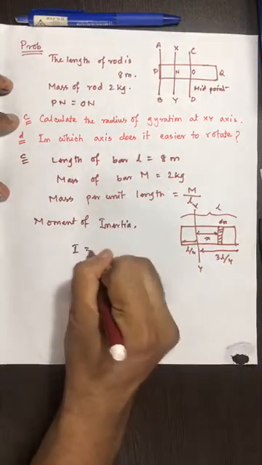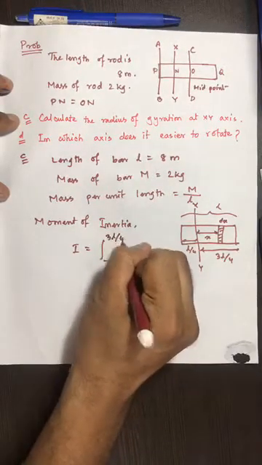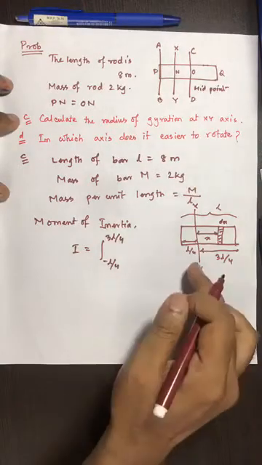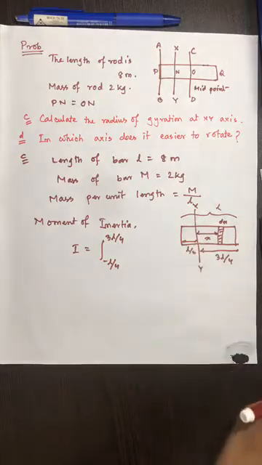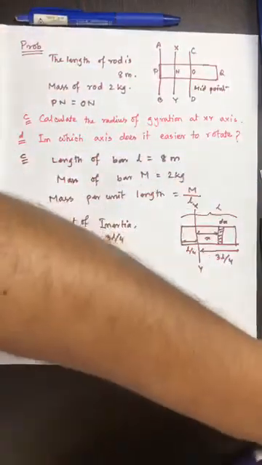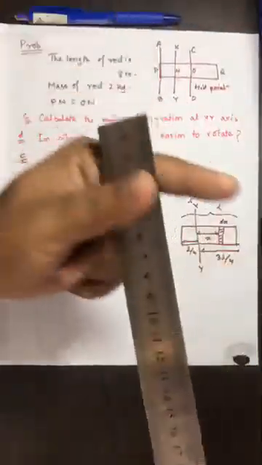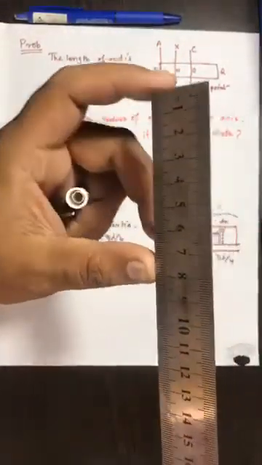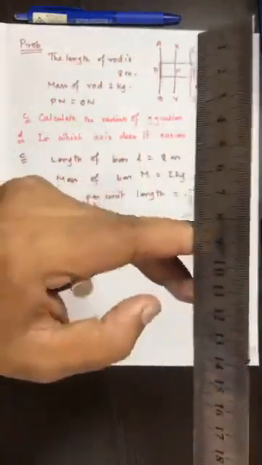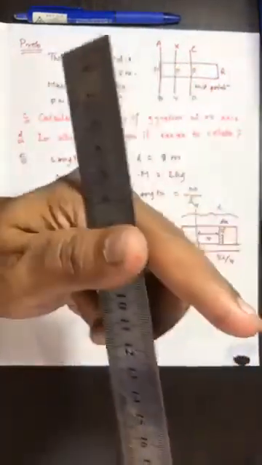I equal to the integral from minus L by 4 to thrice L by 4. Why do I take the minus L by 4 here? Because part of the body lies on the opposite side of the axis. Suppose I hold a scale here and rotate it like that. The limit takes the minus sign from here, because the excluded part is in the opposite direction from the rotation axis.